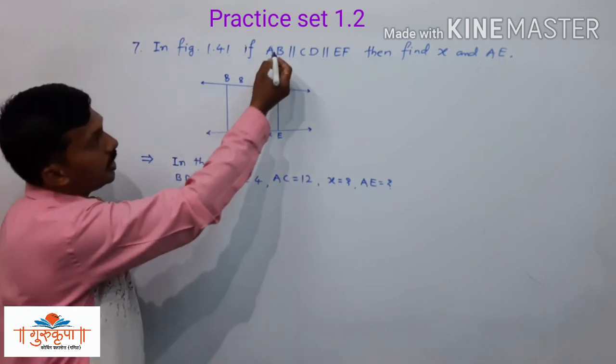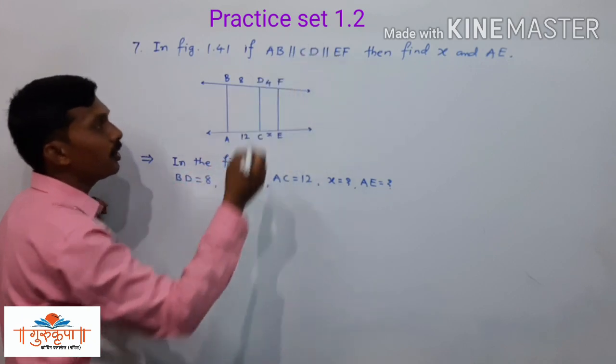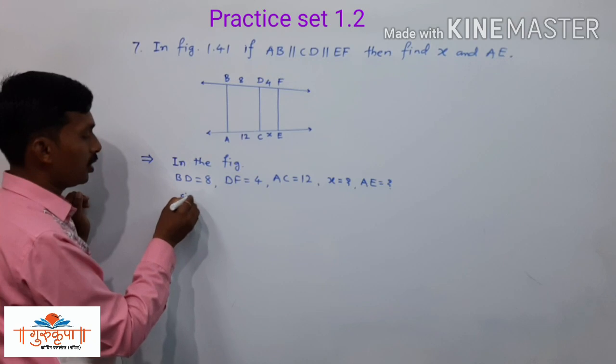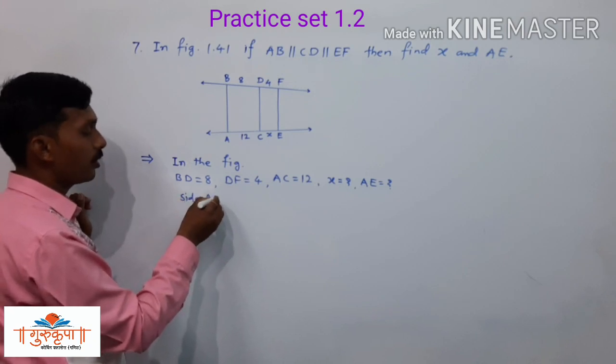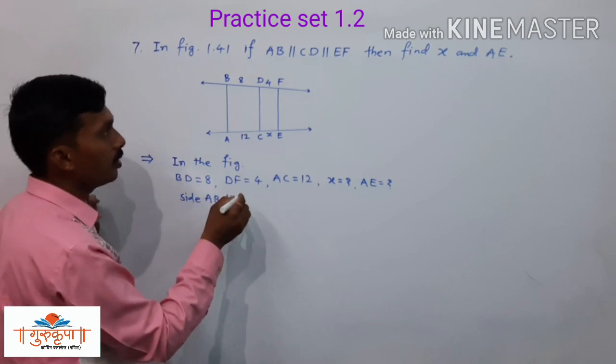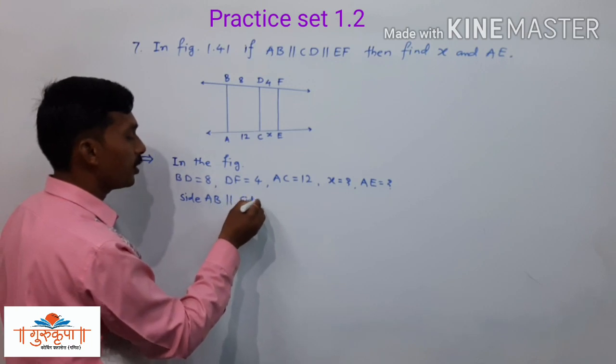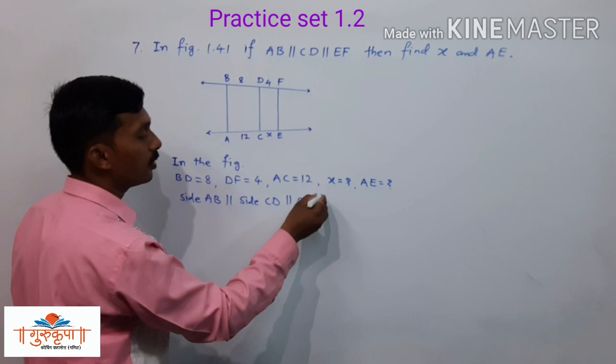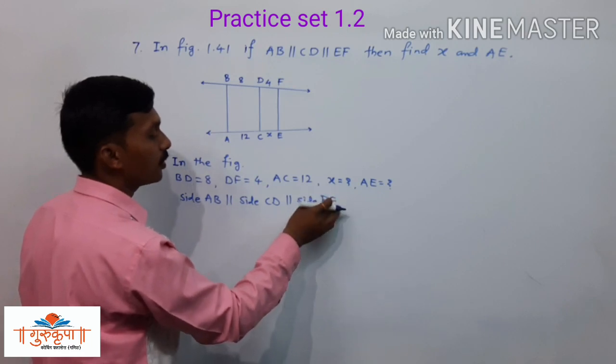Now it is given that AB is parallel to CD is parallel to EF. So we will write that information here. Side AB parallel to side CD parallel to side EF. That is the given information.